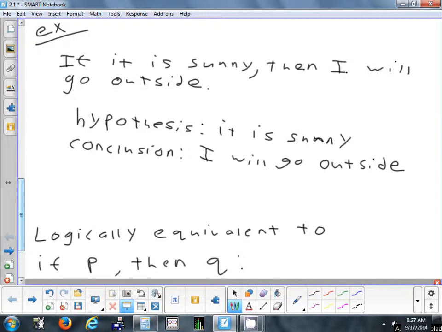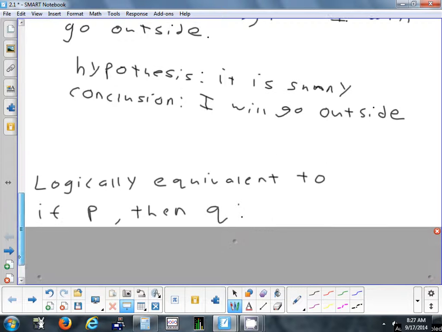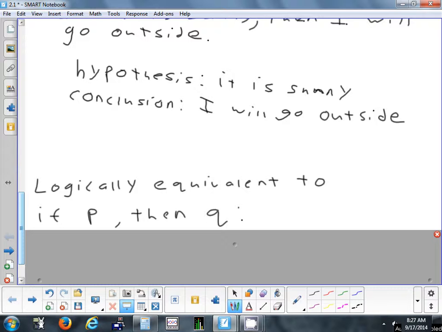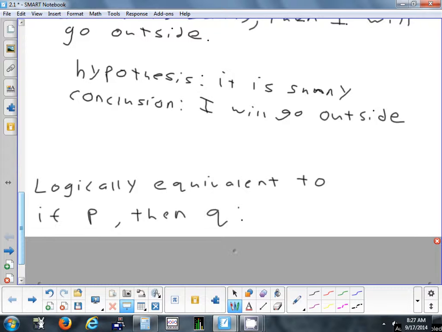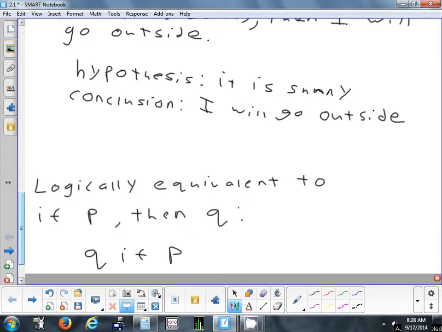Q is my conclusion. Let P and Q be variables that represent sentences. It can be anything you want. There's different ways we can write an if-then statement. This is one: if P, then Q, whatever P and Q represent. We can also write Q if P.